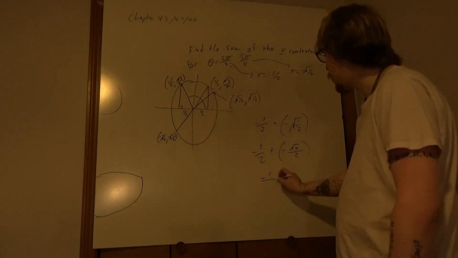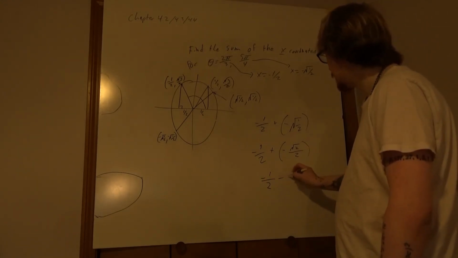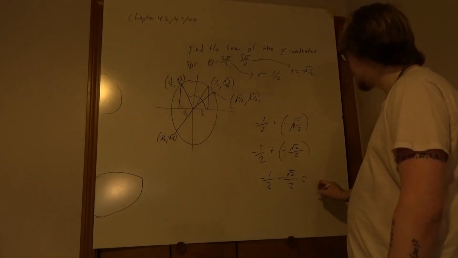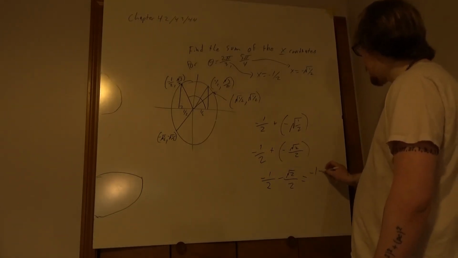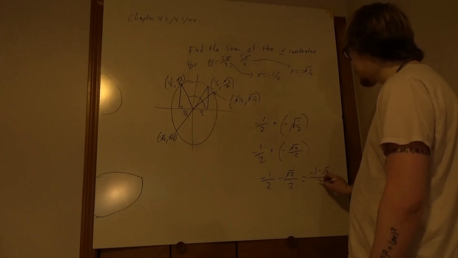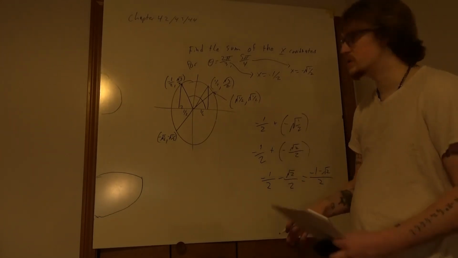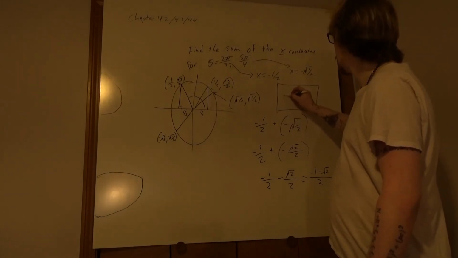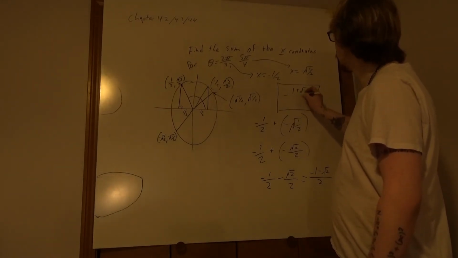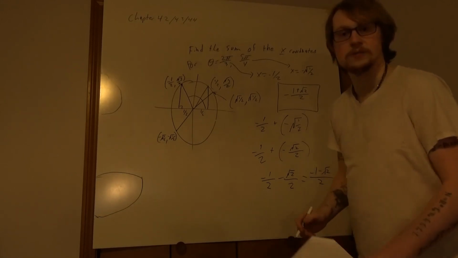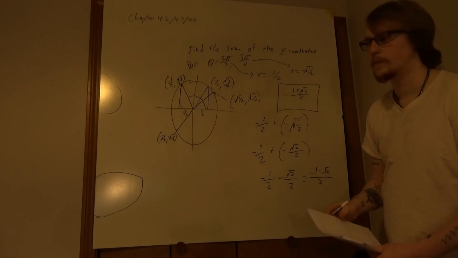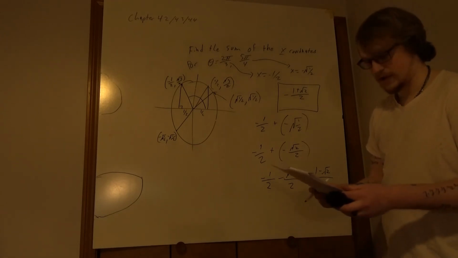We have negative 1/2 minus root 2 over 2, and so this is going to be negative 1 minus root 2 all over 2, or the way I give it in the notes at the very end is the final answer of negative 1 plus root 2 over 2. And that's just because when you distribute this negative 1 into there, you get the right answer. So that was that example.